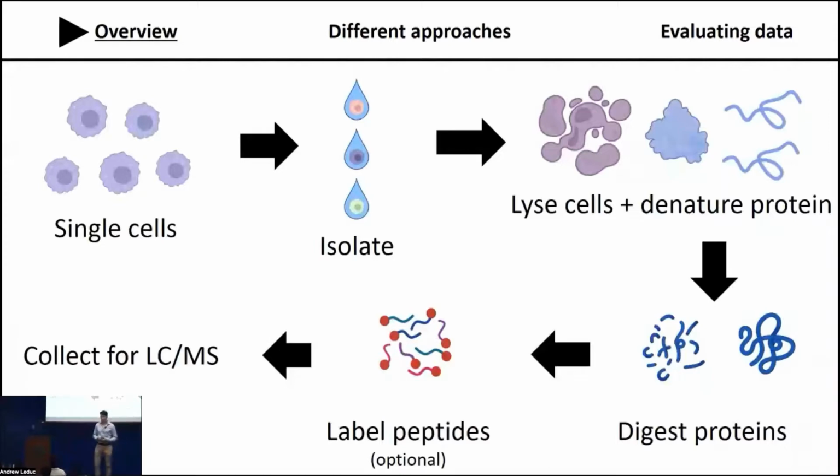We then need to lyse our cells and denature the proteins, making them available for enzymatic digestion, where they can then be labeled or left for multiplexed analysis or analyzed label-free. And we lastly need to collect these samples so we can deliver them to the mass spec for downstream analysis. And so, as you can assume, there's a lot of different choices that you have in how you go about performing the different steps in this workflow.